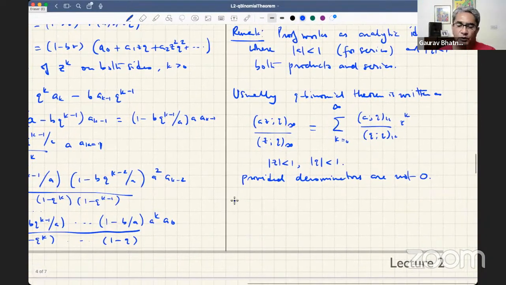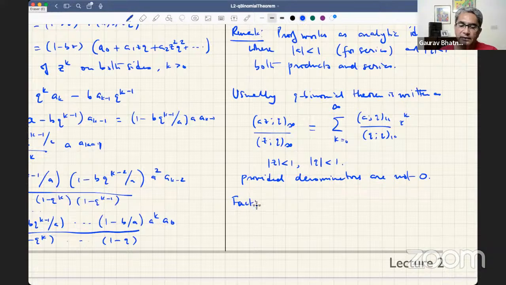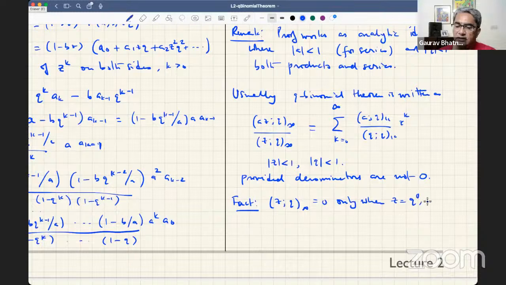And I want to state another fact, which we will prove at some point, that (z;q)∞ is 0 only when z is q raised to 0, q raised to 1, q squared, and so on.